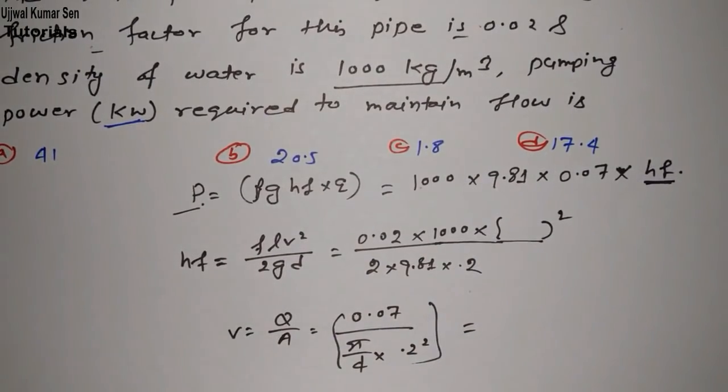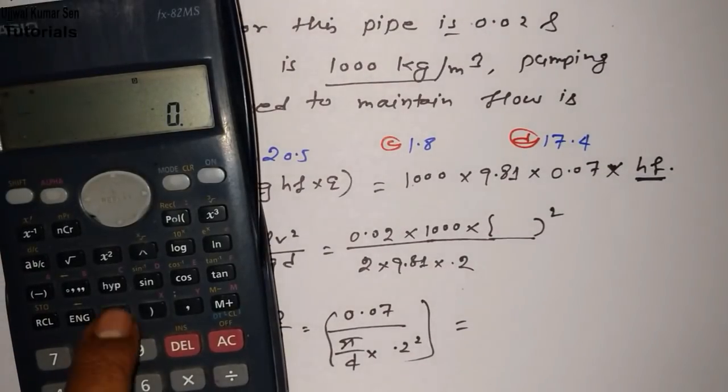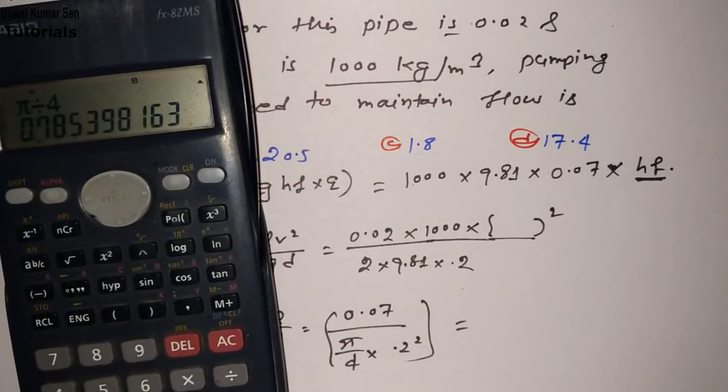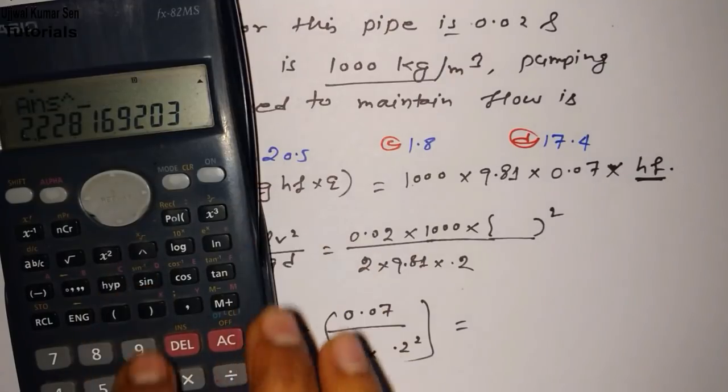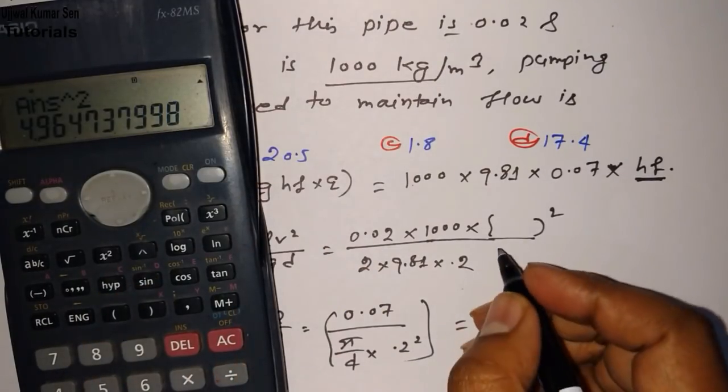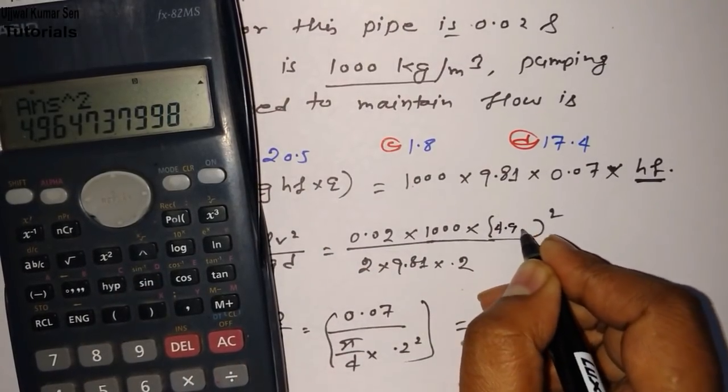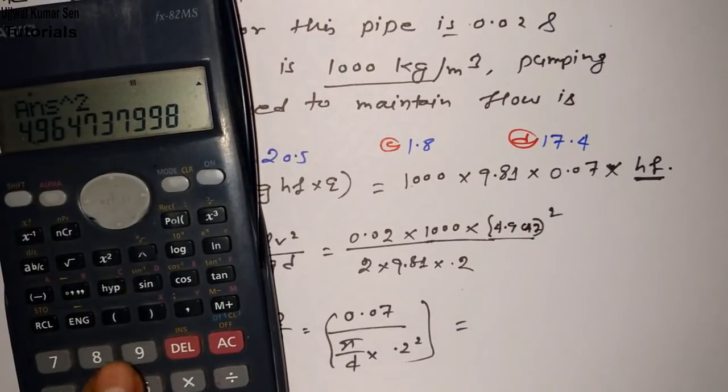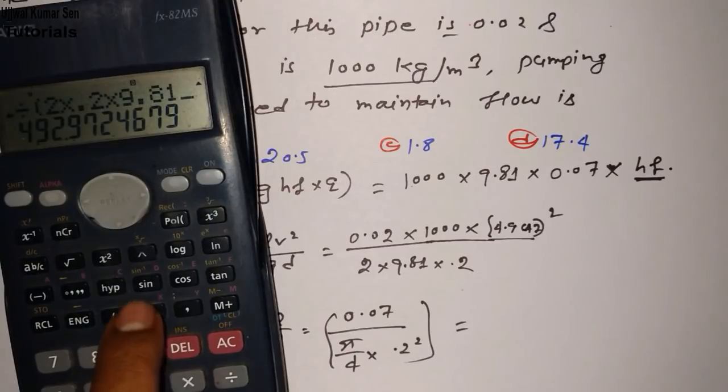Now just find pi by 4 multiplied by 0.2 square, then 0.07 divided by this, and it's squared, so it is 4.9647, multiplied by 1000, multiplied by 0.2, divided by 2 multiplied by 0.2 multiplied by 9.81.